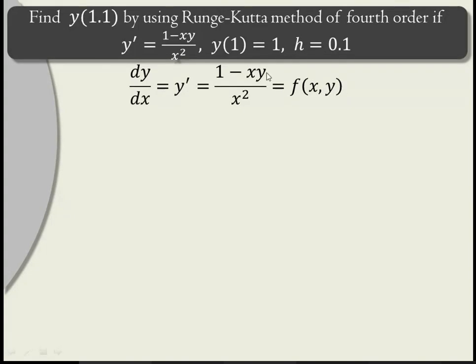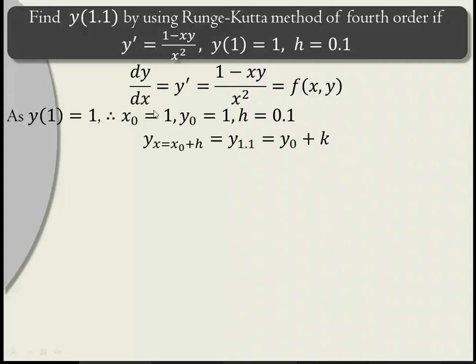So this is our function f of x, y. X naught is 1, y naught is 1, and h is given as 0.1. What we want to calculate is the value of y at 1.1, that is x naught plus h. At that point we want to find y.